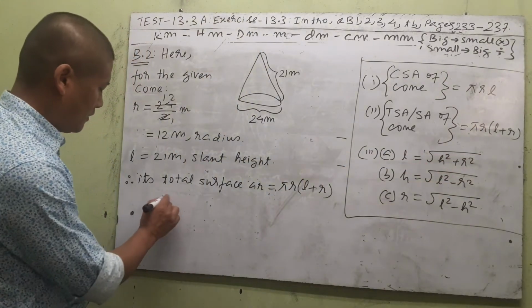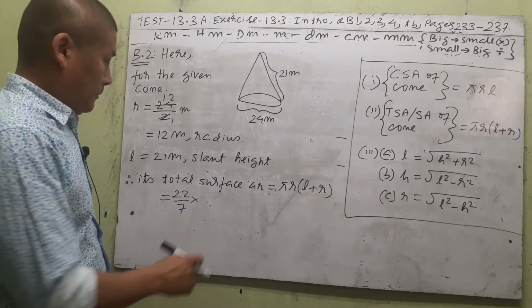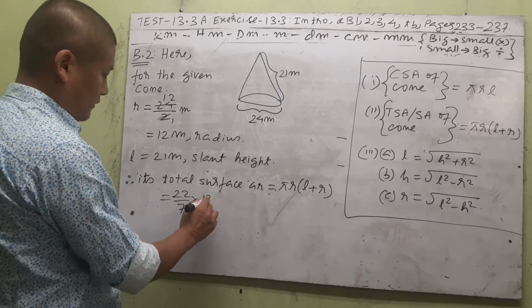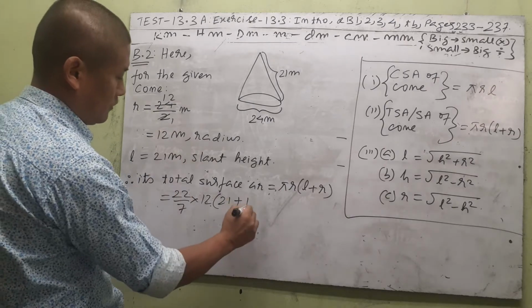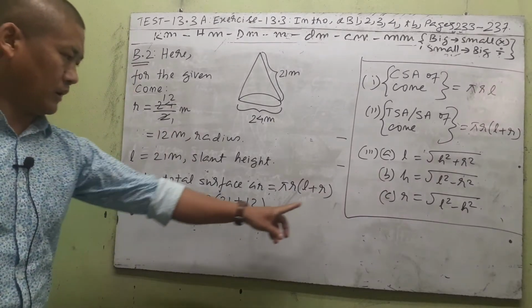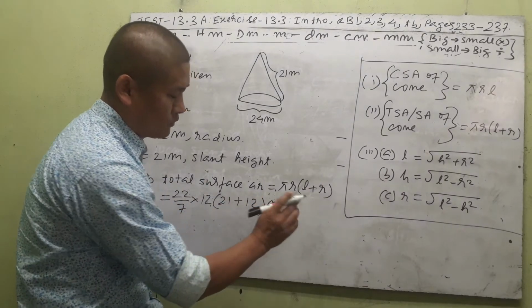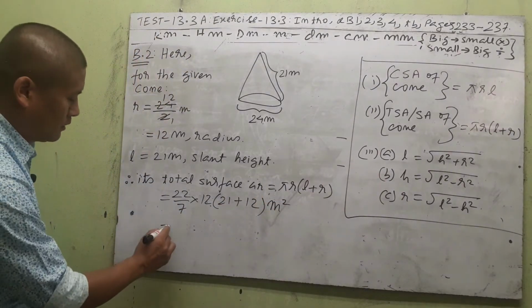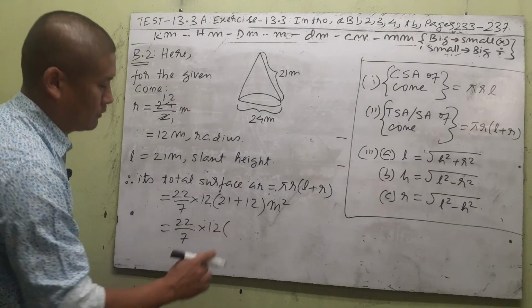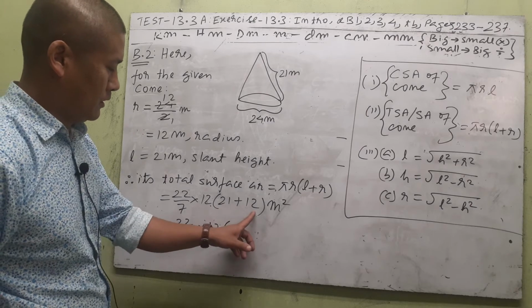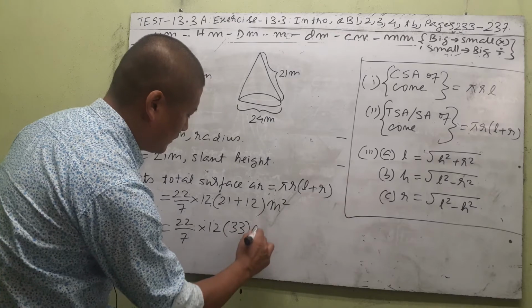So pi not given means 22 by 7 into r here 12, then L here 21 plus r again 12. Close the bracket. Then area means you can just put ones at the back. Always 2 dimensional, so meter square. So 22 by 7 into 12 into 33, right, 33. So meter square.